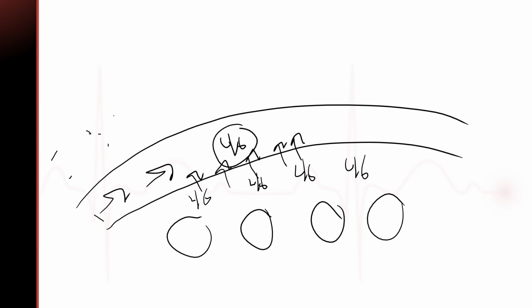Because again, think about it. As CO2 moves from the interstitial fluid into the blood plasma, the plasma is just gaining carbon dioxide. So the partial pressure of carbon dioxide within the blood plasma will begin to rise, and it'll keep rising until the partial pressure of carbon dioxide within the blood plasma is the same as the partial pressure of carbon dioxide within the interstitial fluid, which is 46.